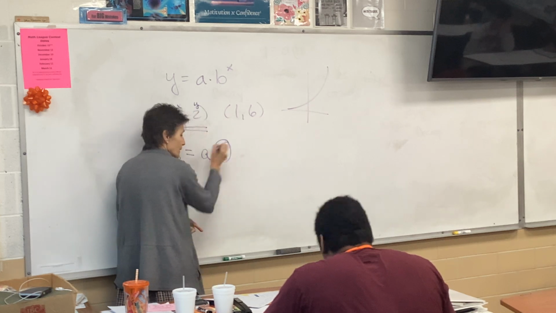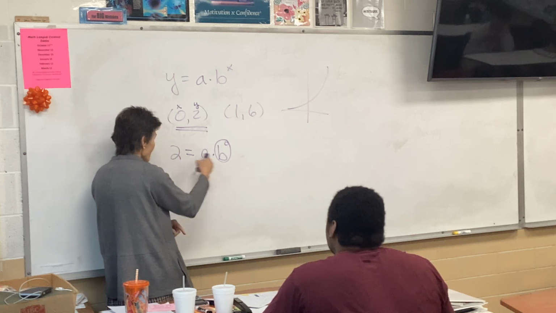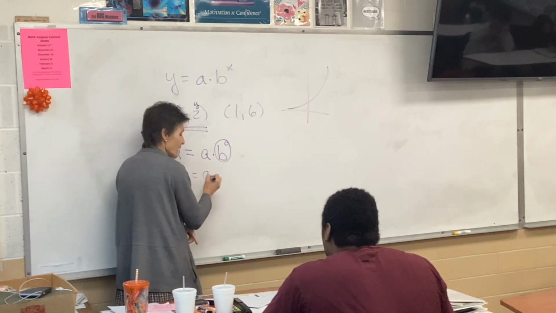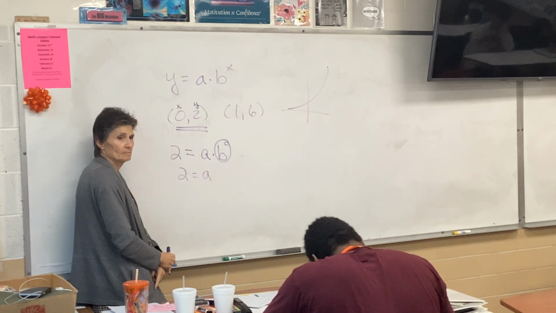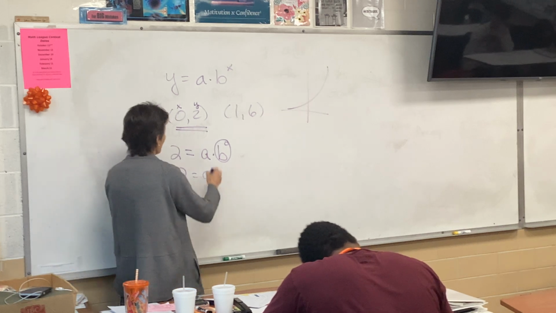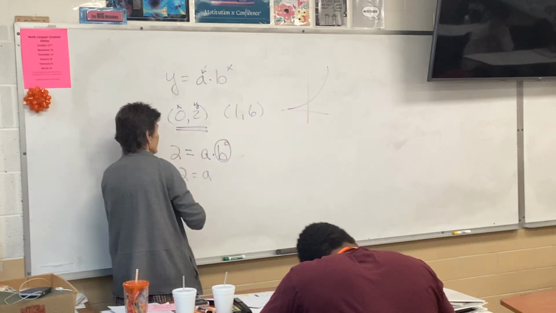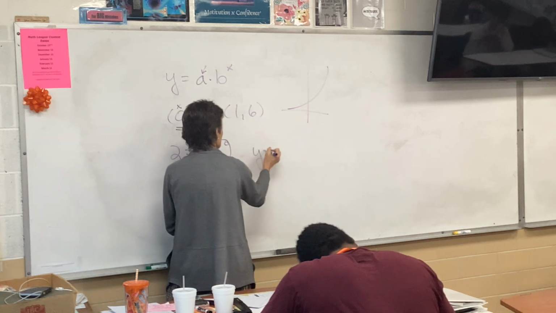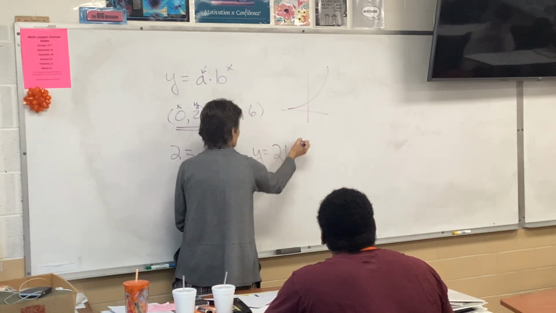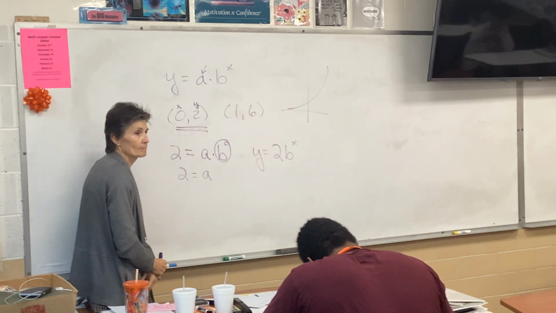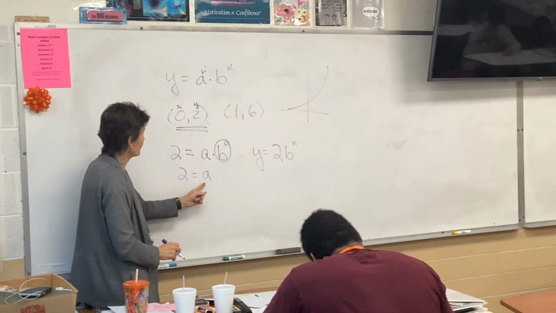This is 1. So basically, doesn't that say 2 is a? So now I know that number is 2. So y equals 2 b to the x. I put 2 in here because I just figured out a was 2.